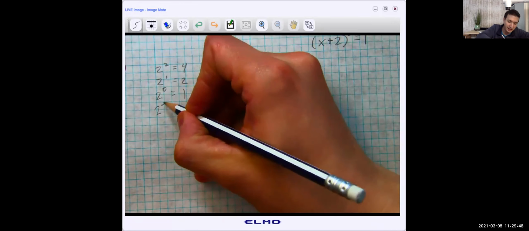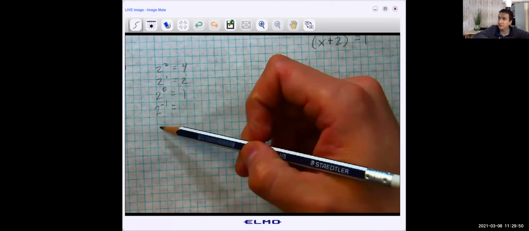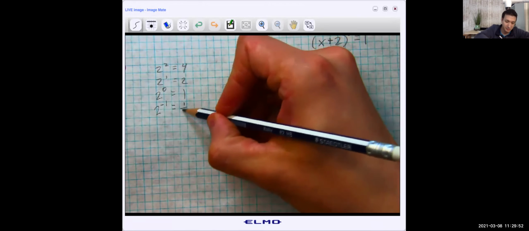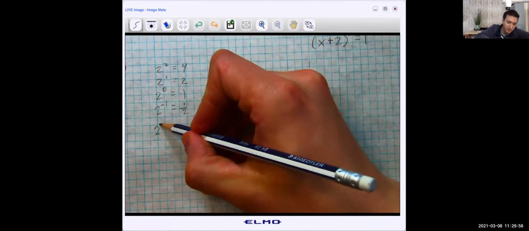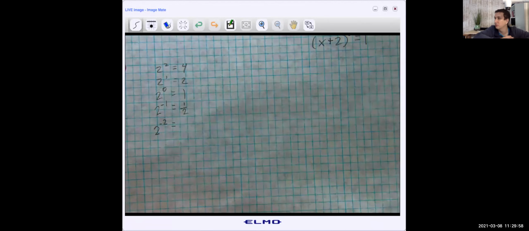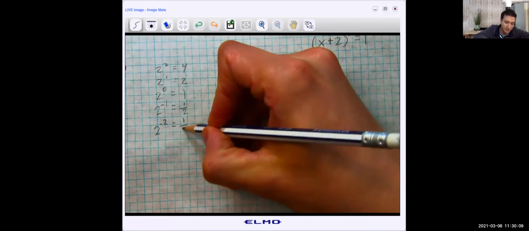And then if we go to the negatives, we're now taking our answer and dividing by the base. So 1 divided by 2 is 1/2. What happens when we divide 1/2 again by 2? It would be 1/4. Get 1 over 4. So it just keeps going.